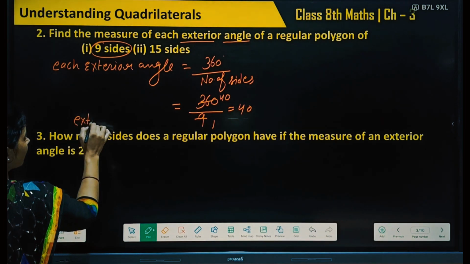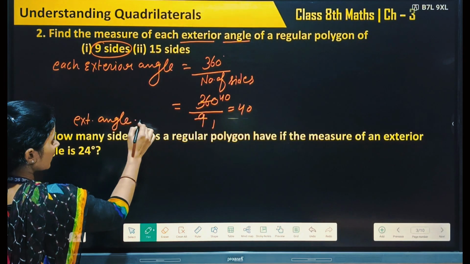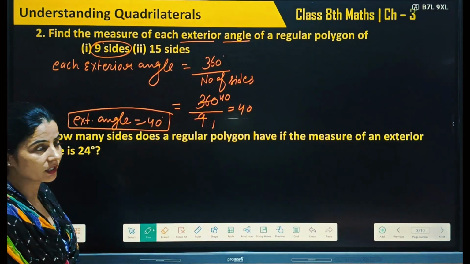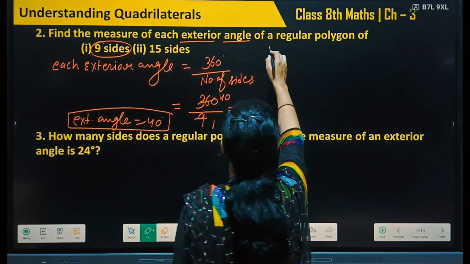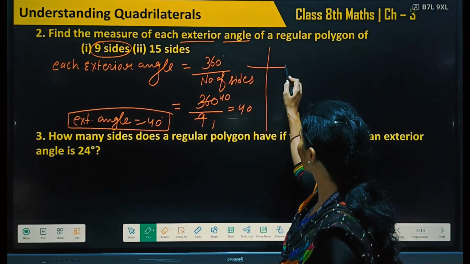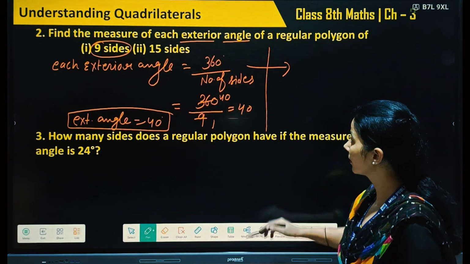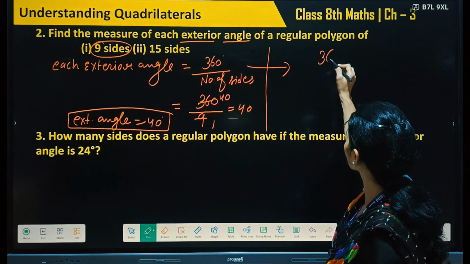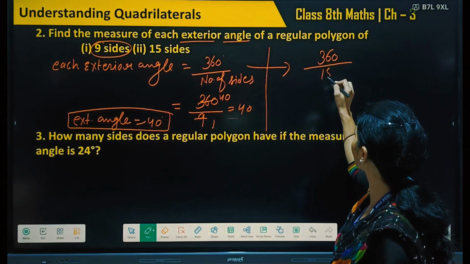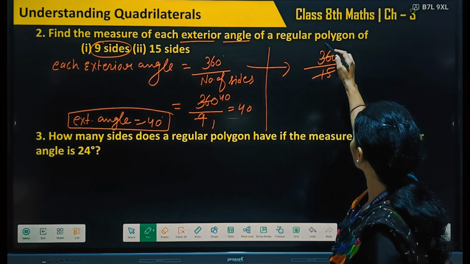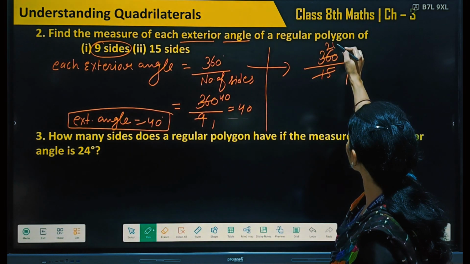Exterior angle is 40 degree. Now see, in second part, same formula we will use. Each exterior angle is equal to 360 by number of sides. 360 degree by 15. 360 by 15, 2s and 15 4s.